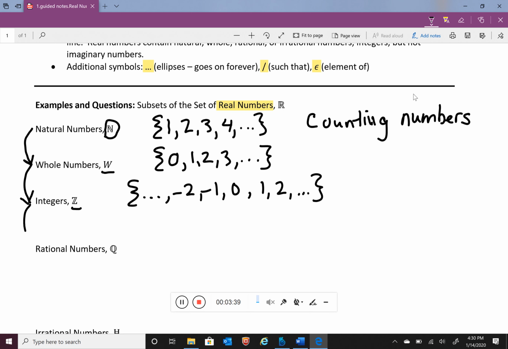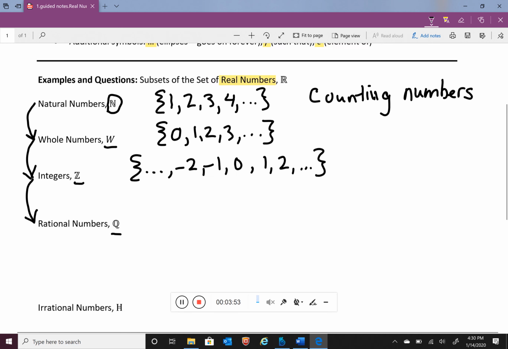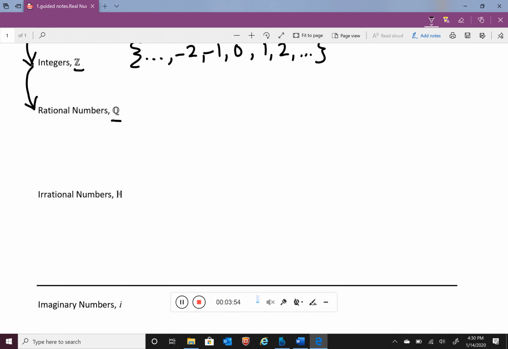And then this leads into our rational numbers, and this is a bit more complex. So the definition for rational numbers in the set is denoted by a Q. I'm just going to bring this up a little bit. It is the set of P divided by Q such that P and Q are elements of the set of integers.